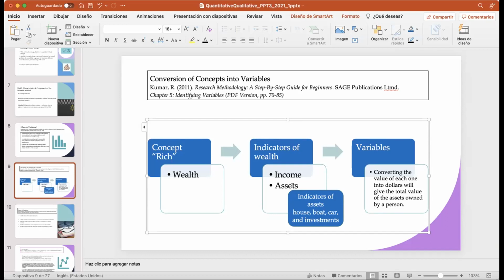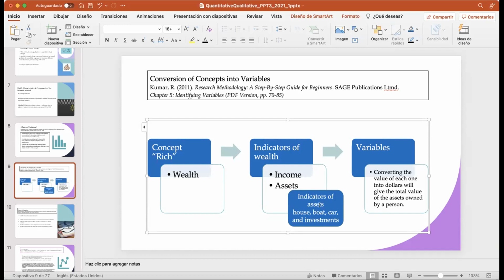Y esa palabra es una palabra también, un sustantivo que incluye muchos elementos dentro. What are assets? So an asset is a house, for example, a boat, a car, a bank account. So those are assets. Those are indicators of assets.